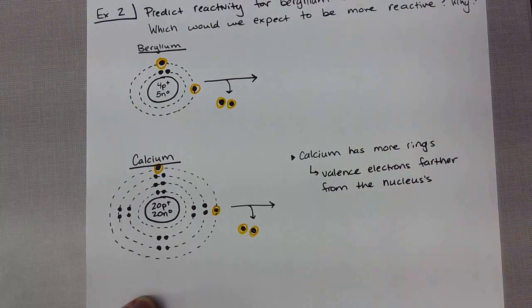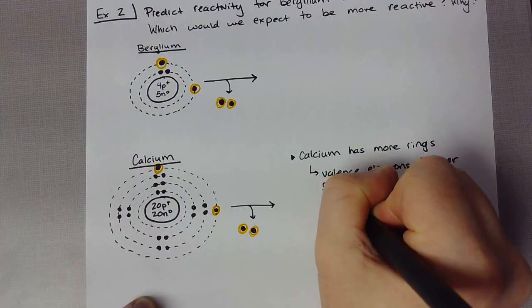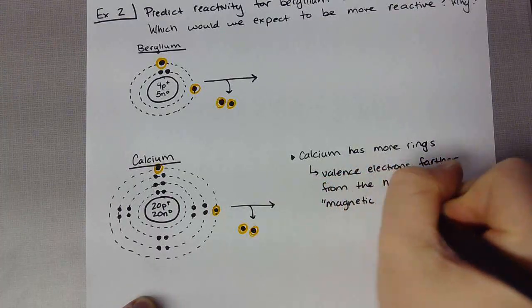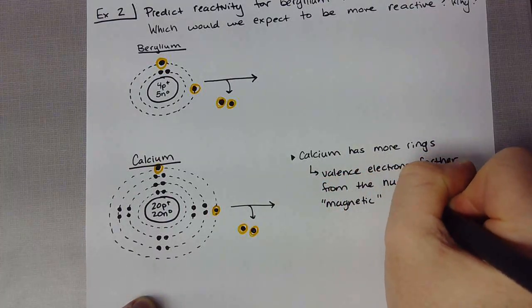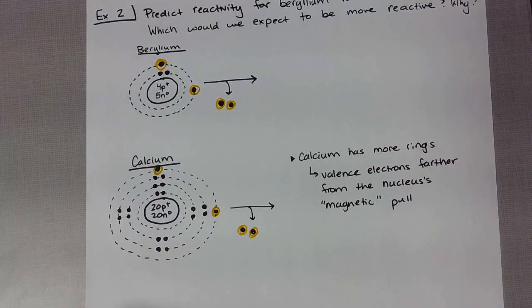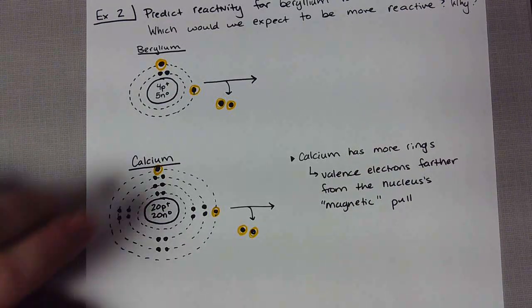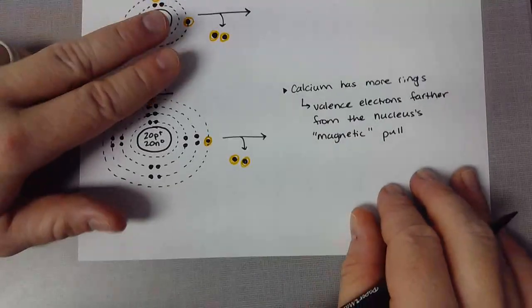From the nucleus's magnetic pull. Since they're farther away, those electrons are going to be easier to pluck off.